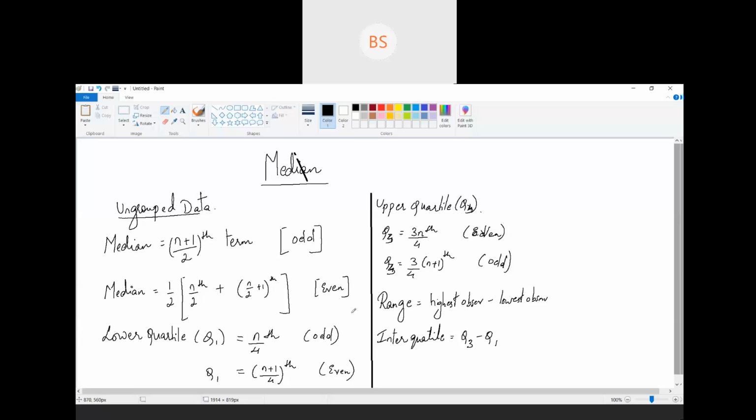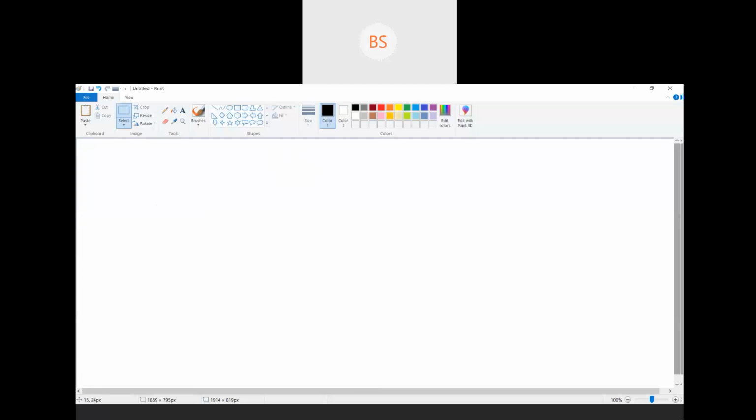So shall we start with calculating median and the other observations for ungrouped data? Okay, exercise 26A, page number 352.